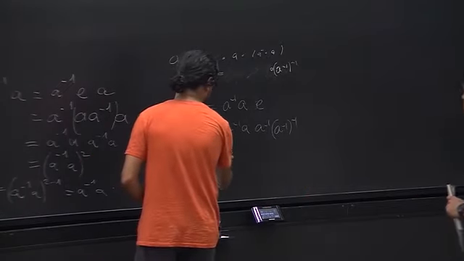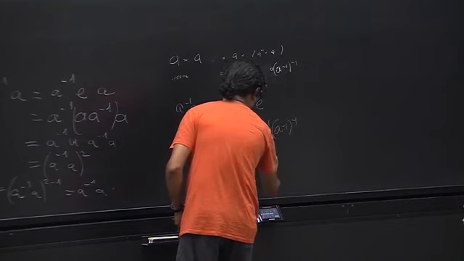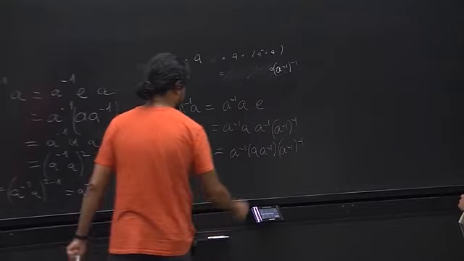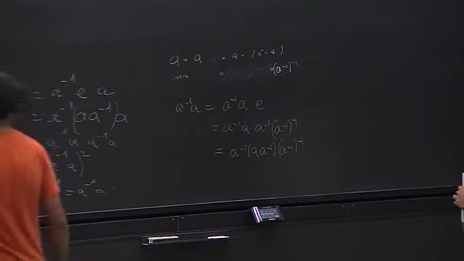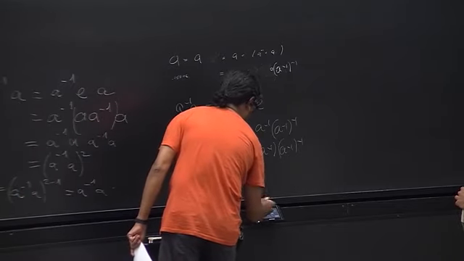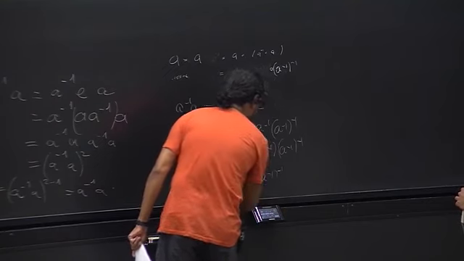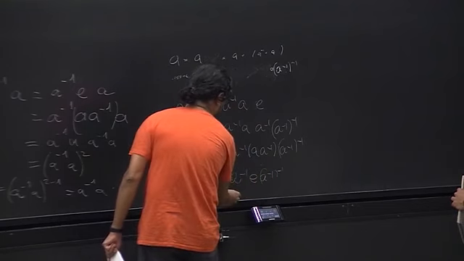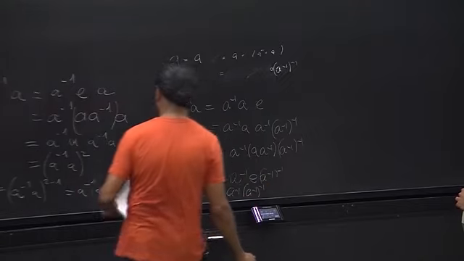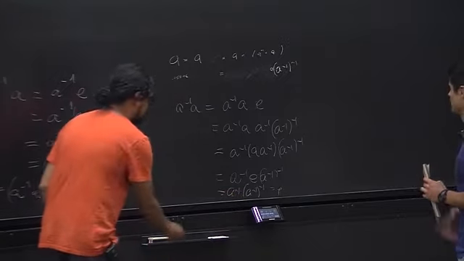And then you can use associativity to say that this is E. And now this is a right inverse, so we can use that, and that should be equal to E, right? All right, cool. Thank you very much.